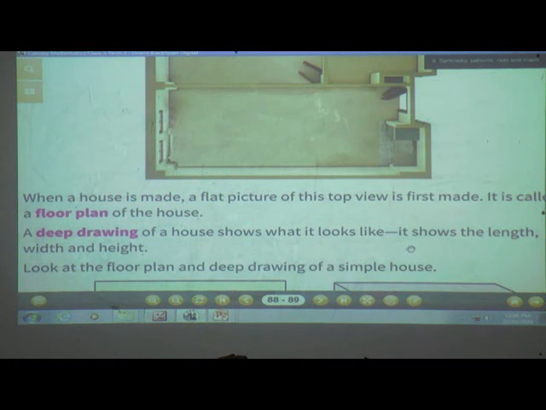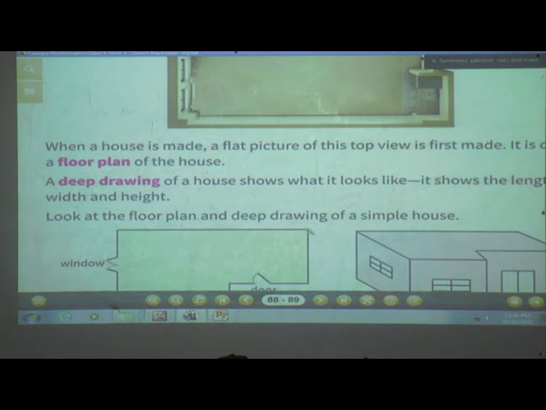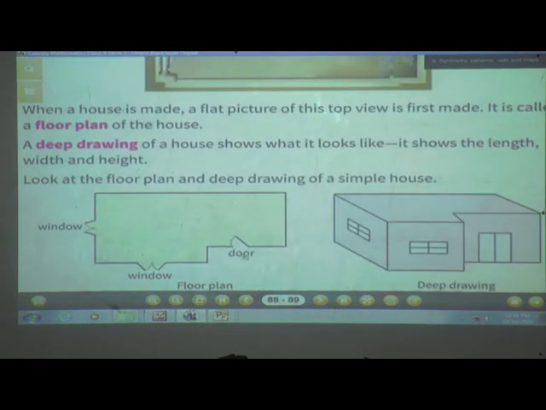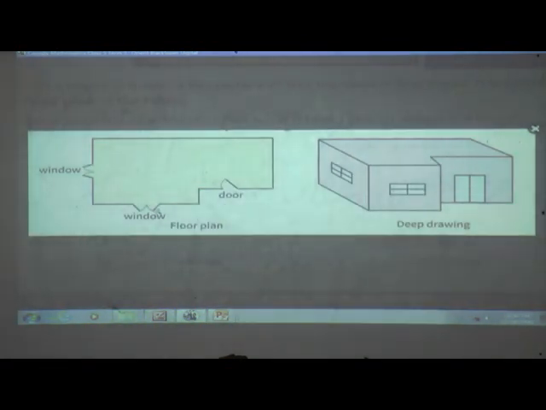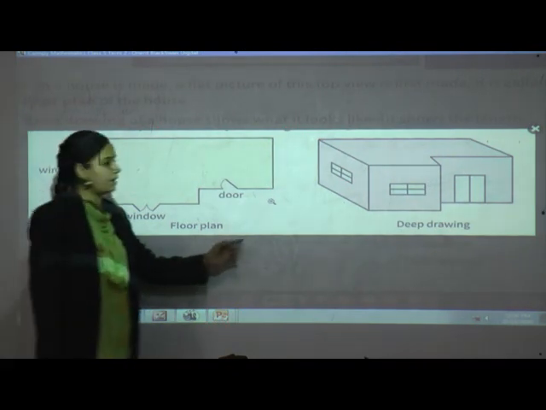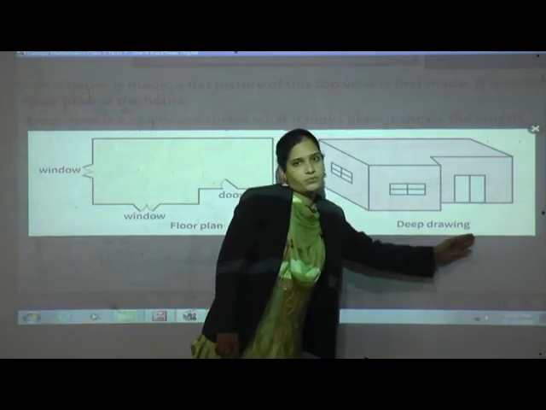Now see here, look at the floor plan and deep drawing of a simple house. See, they have given examples of floor plan and deep drawing. Okay. See here. This one is a floor plan and this one is a deep drawing.